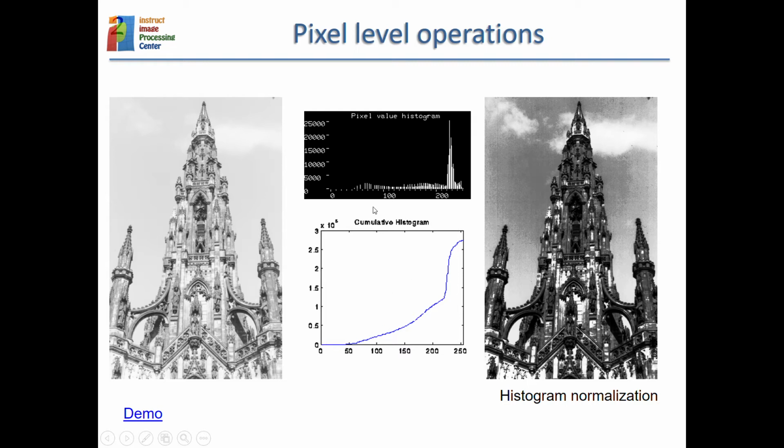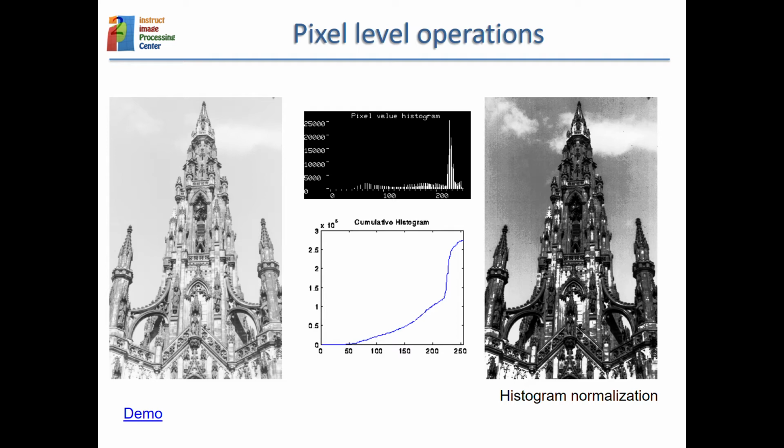The cumulative histogram is, so the histogram is how often you have seen a particular value. So the cumulative histogram is how often you have seen a value that is this one or smaller than that one. So if we have 10 to the 5 pixels, then our maximum cumulative histogram, the maximum number, is the total number of pixels we have seen. So all of them, they have to be smaller or equal to 55.